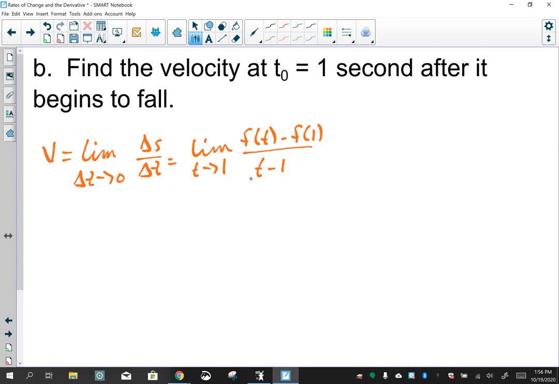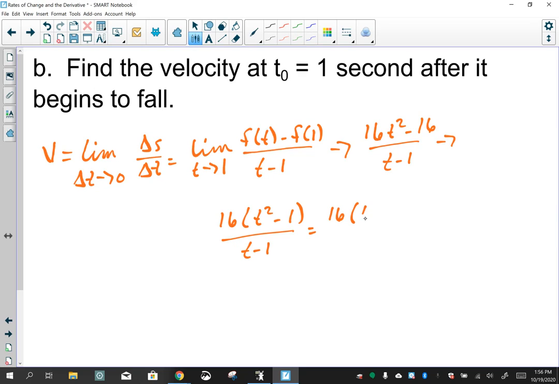Focusing on just this piece, that gives me 16t squared minus 16 all over t minus 1. I'm going to pull out that 16, and I'm left with 16 times t squared minus 1 all over t minus 1. See how pretty this works.